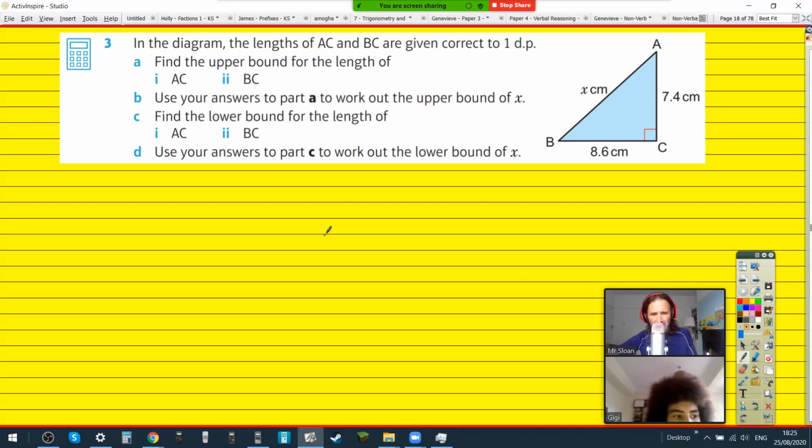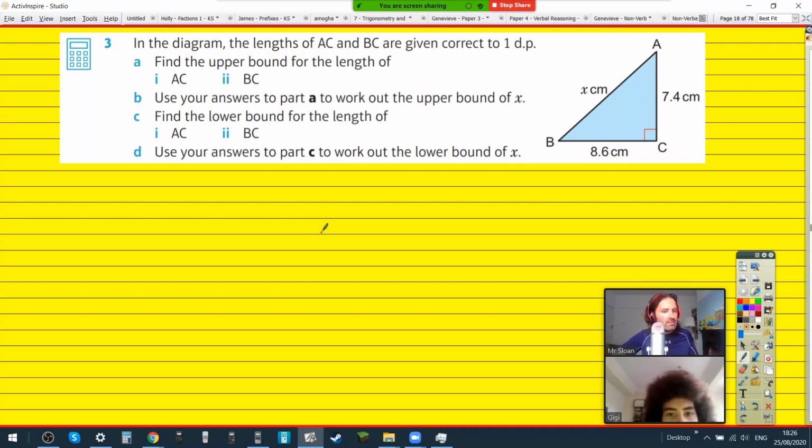This gets weird. Okay, how would you find the upper bound? In the diagram, the lengths of AC and BC are given correct to the nearest unit. So find the upper bound for AC and BC. Let's just skip to part B. How would you get the upper bound for X?